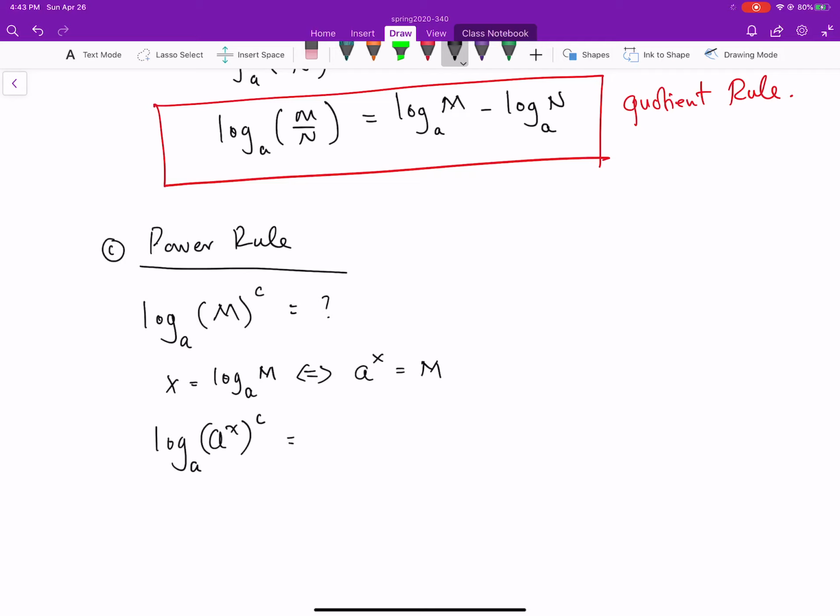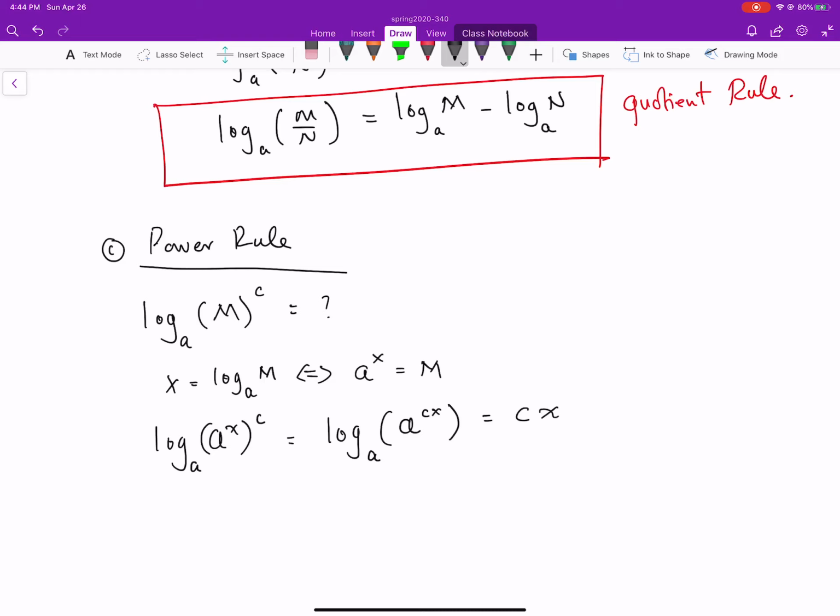Well, if we apply our rules of exponents, which says that if you have a base raised to a power, then you can multiply the powers together. So you end up with log a of a to the cx. So again, I run into property number 3, where it says log of a base of the same base raised to cx, the outcome should give me back cx.